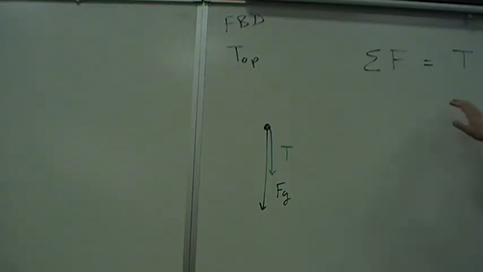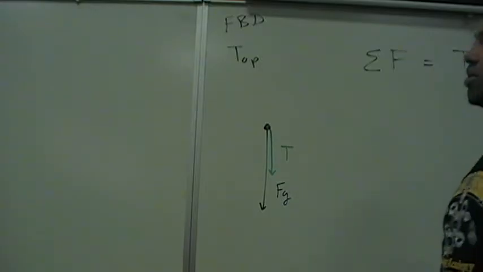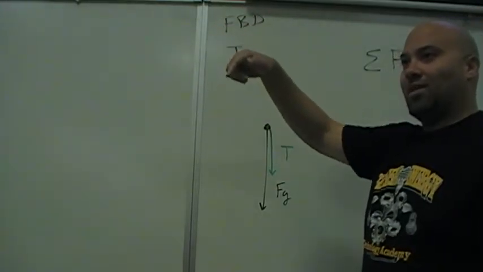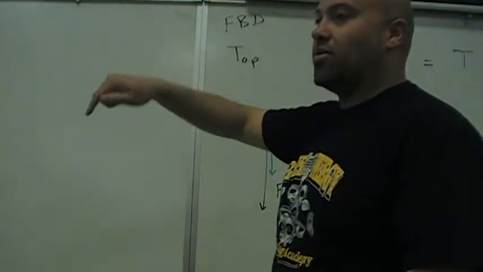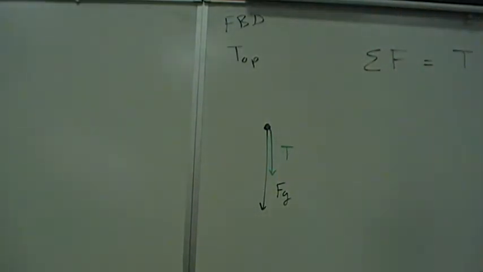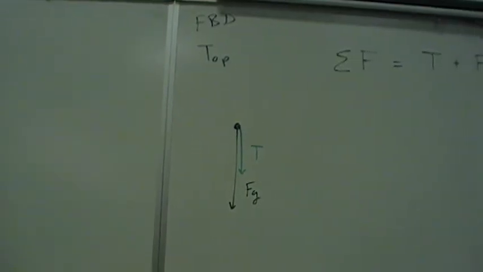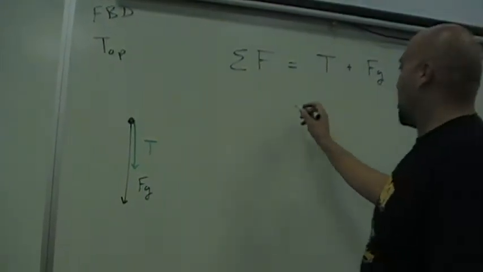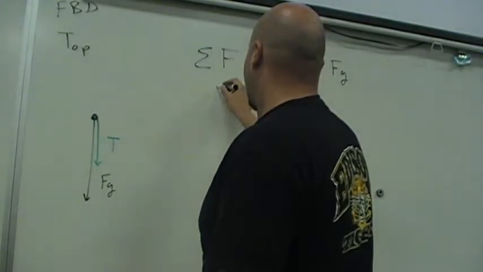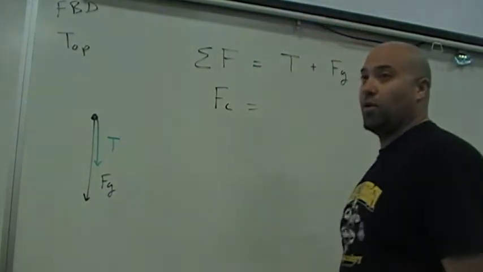If we put minus over here, all it's telling us is that our centripetal acceleration is pointing down towards the center. All right, so we set that equal to our centripetal force.